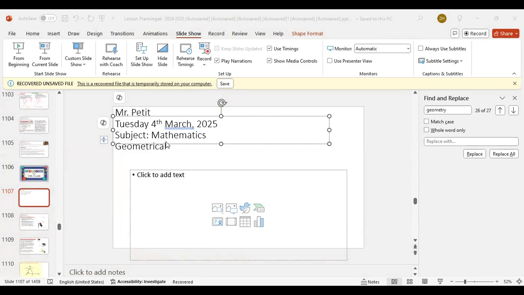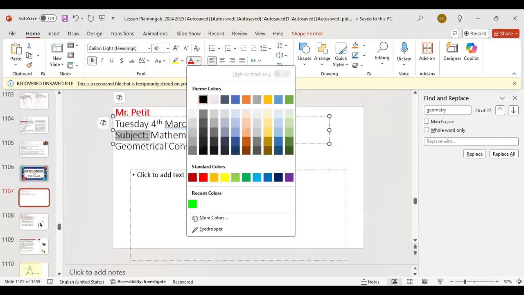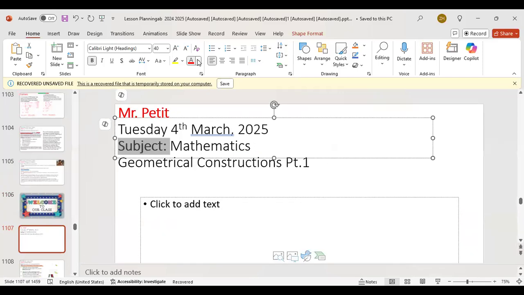We're going to look at how to construct things using our ruler and our pencil. So let's go ahead and do that.